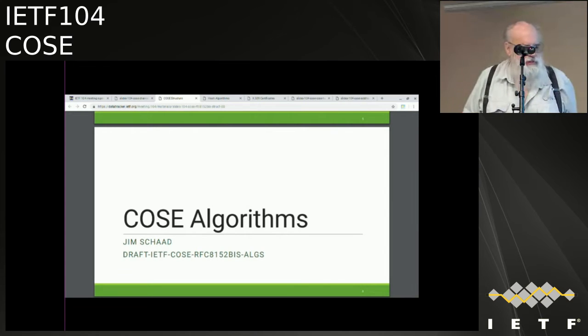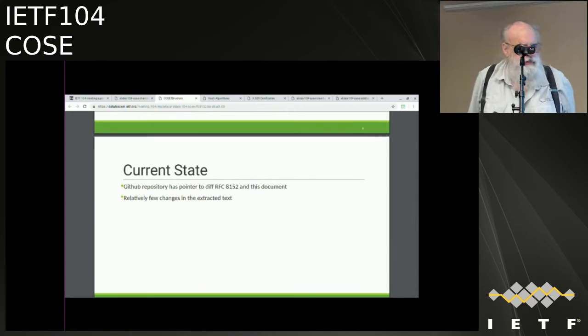So the algorithms draft. It's got the GitHub repository. There's almost no changes in the actual contents at this point in time. Given what you had, I'll pull that in for the ECDSA.